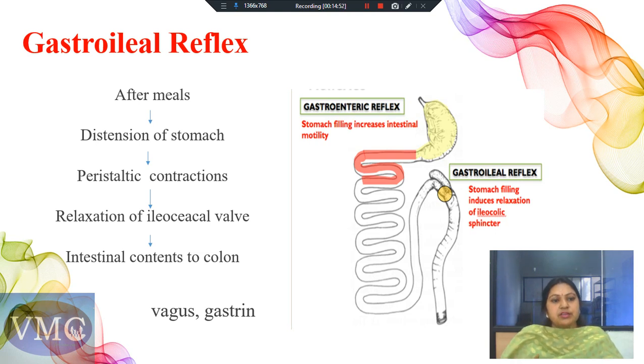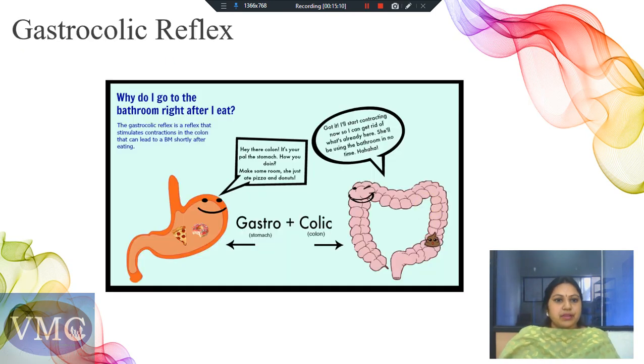So this is called the gastroileal reflex. Gastric distension causes emptying of the small intestinal contents to the colon, mediated by your vagus and your gastrin. So here, gastric filling causes emptying of the small intestine. This is the gastroileal reflex.